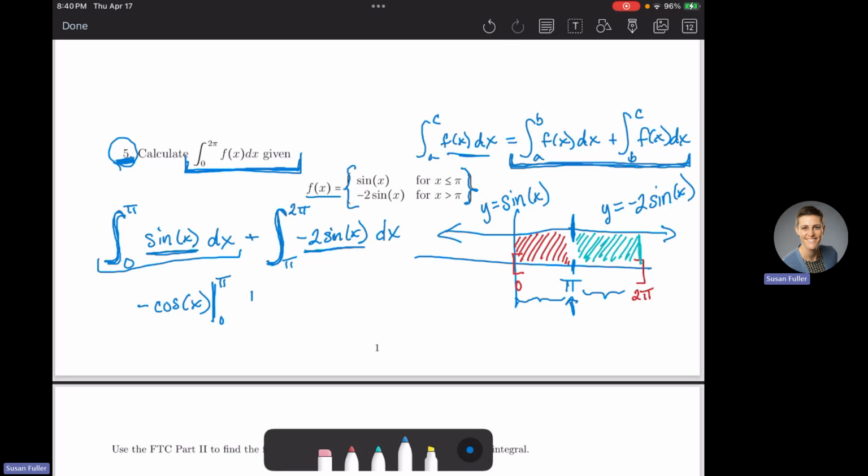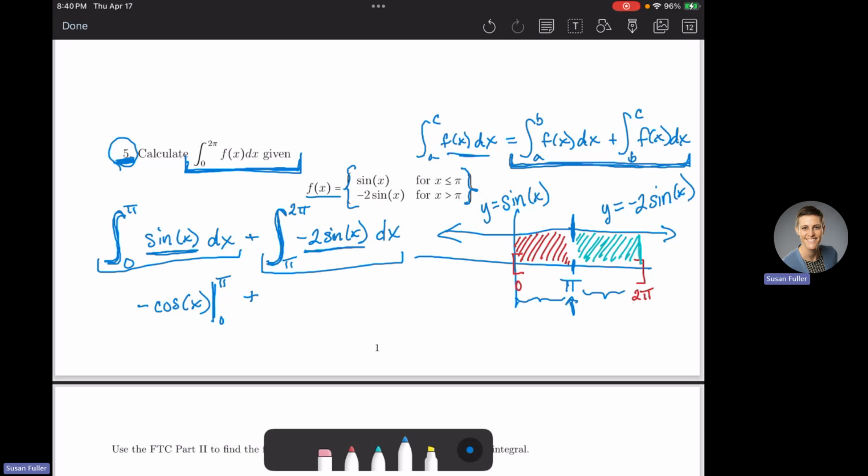And while I'm in antiderivative mode, I'm going to go ahead and do my second one as well. So the noodle says find the antiderivative. What function has a derivative of -2 times the sine of x? What function could I take the derivative of to get -2 times the sine of x?